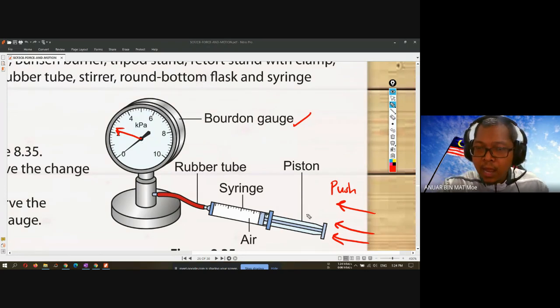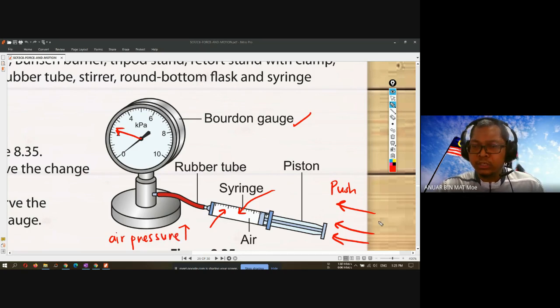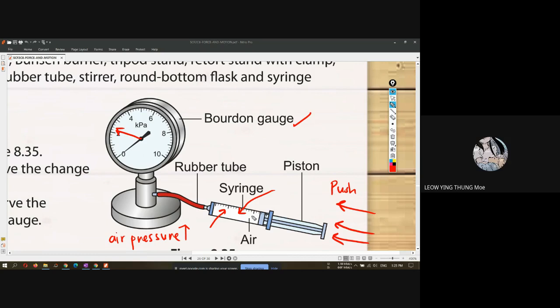Why do I push the syringe? Because I want to compress the air. When we compress the air, will the pressure inside be higher or lower? When I push the piston, higher. Very good.